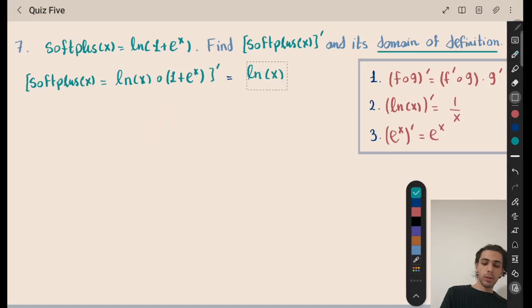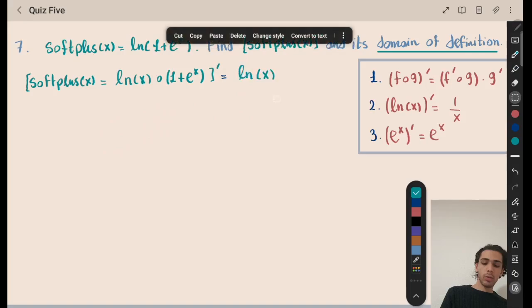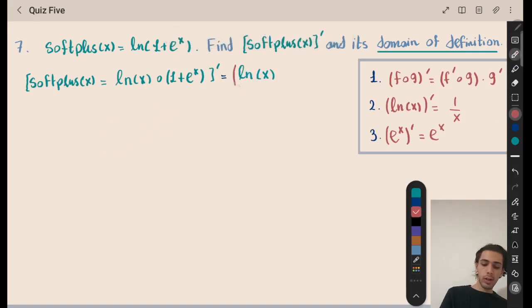And then the derivative is going to be the derivative of the outside function, which is ln of x. But you need to compose it with the inside function, which is 1 plus e to the x.